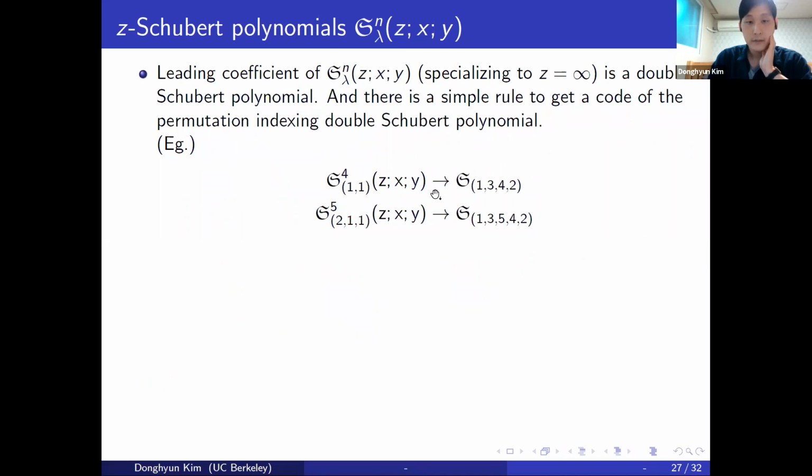So here's an example. If we consider this Z Schubert polynomial and take the leading coefficient in Z, then it is a double Schubert polynomial for 1, 3, 4, 2. And this Z Schubert polynomial here, taking the leading coefficient, gives the double Schubert polynomial for this one.